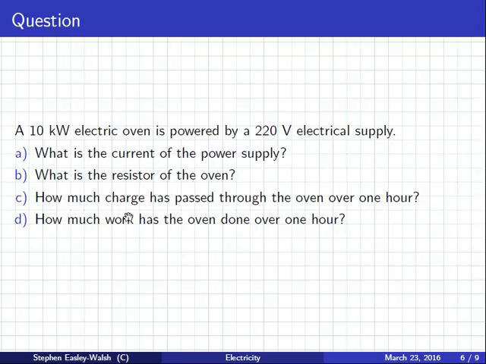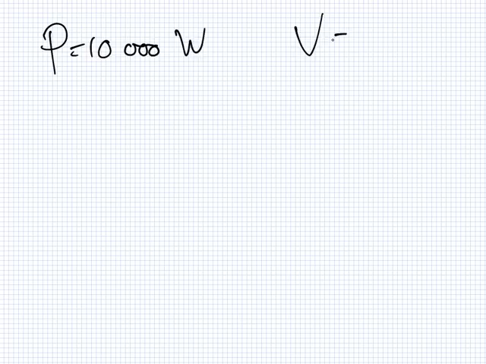Right. So the power, let's do this now, is 10,000 watts. And the voltage? 220 volts. What did I want first? The I, was it? So we can just say P equals IV.